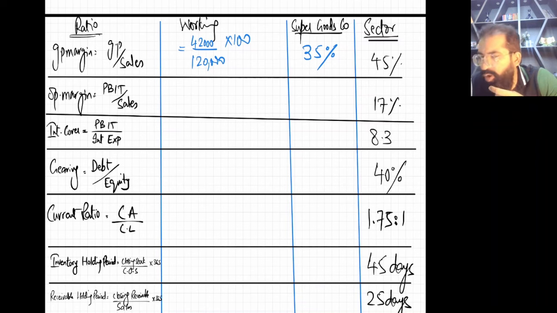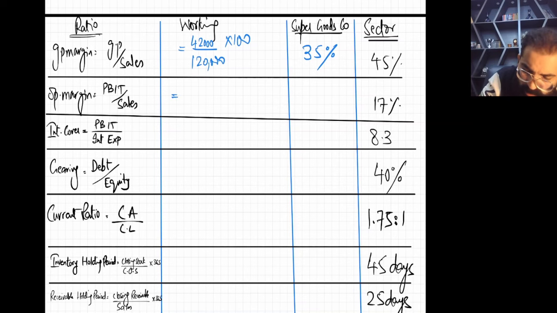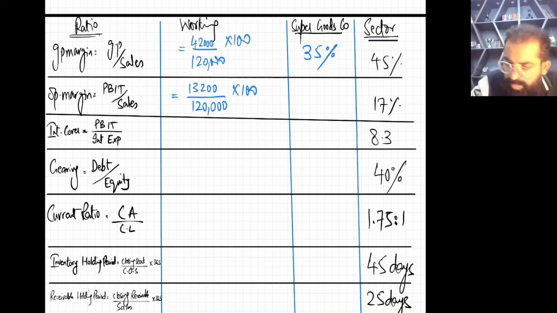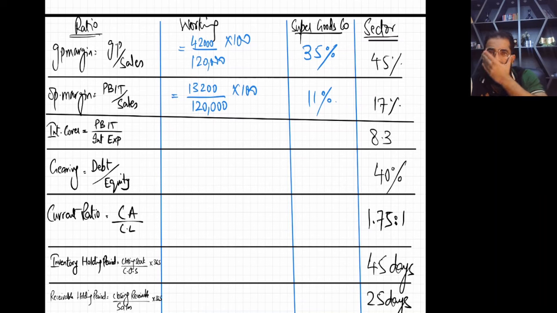Then you have operating margin. Operating margin means operating profit divided by sales into 100. Operating profit means PBIT. So your PBIT in this question is 13,200 divided by sales of 120,000 multiplied by 100. This is going to be 11%. Okay, right? Then you have interest cover.